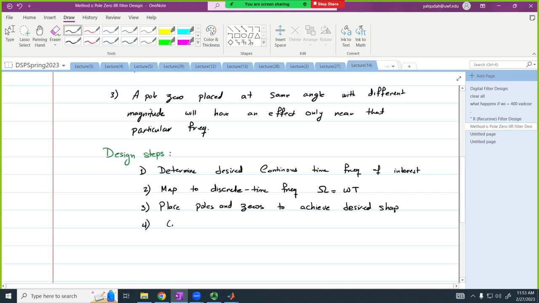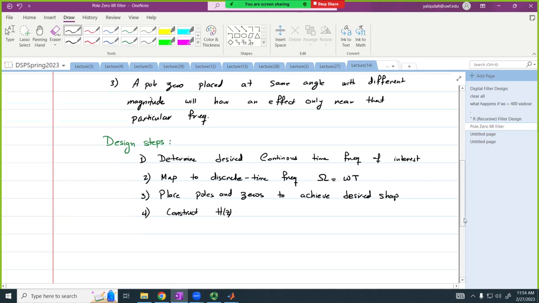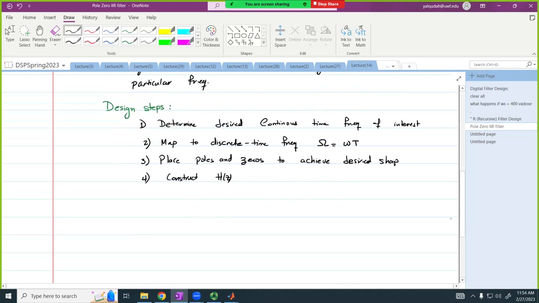Then we're going to construct our H of Z. And H of Z is going to equal, depending on the poles and zeros that you created, the multiplication of Z minus Zi, for i from 1 to Q, divided by the multiplication from i equal 1 to P of Z minus Pi.